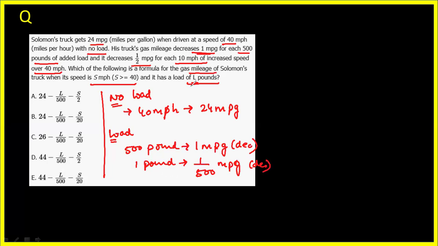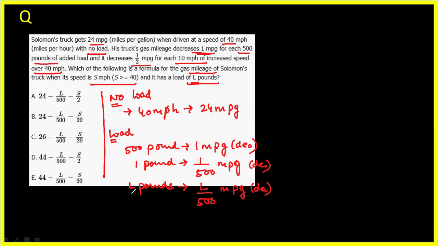And the load is how much? For one pound, the decrease is 1/500. If the load is L pounds, we can say the decrease will be L upon 500 miles per gallon. With no load, the mileage was 24.